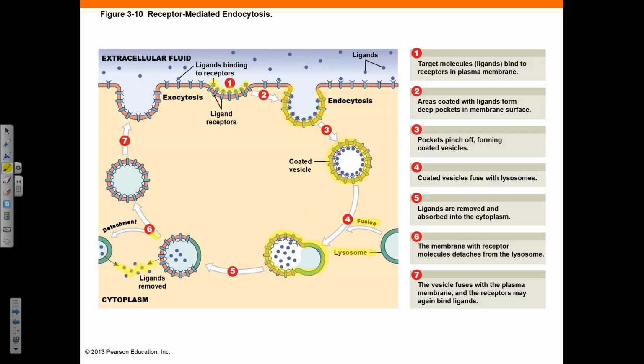The lysosome then detaches, and the empty vesicle with the receptor still present in its exterior will travel back to the membrane of the cell, and it will reincorporate itself into the plasma membrane. This again is an example of receptor-mediated endocytosis.